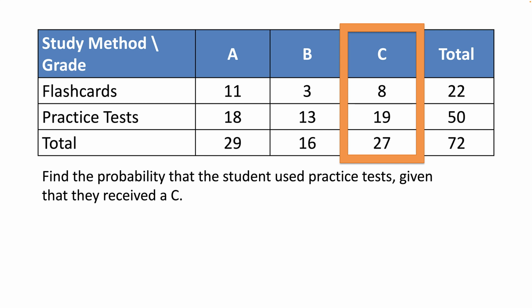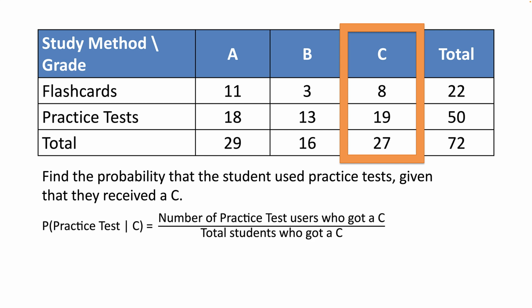Let's take a look at how the formula would work here. We want to find the probability that the student uses practice tests given that they received a C. So we're going to look for the number of practice test users who got a C divided by the total number of students who got a C. From this table, we can see that the number of practice test users who got a C was 19.